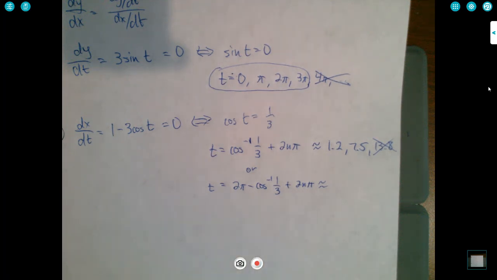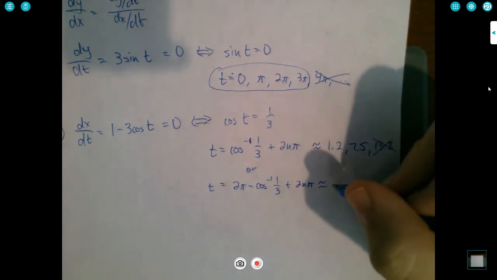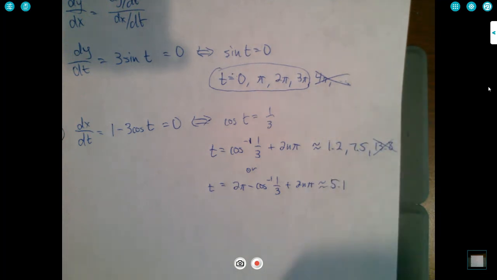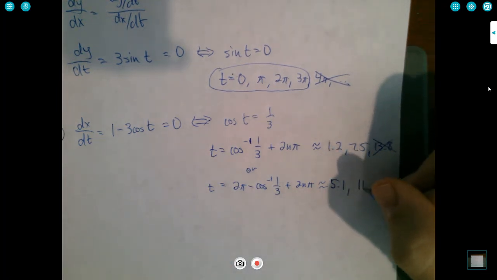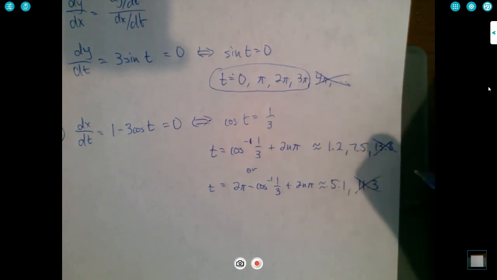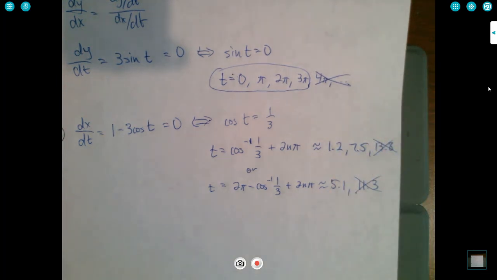Okay, what about this other one? So 2π minus cosine inverse of 1/3 is about 5.1-ish. And then if I add 2π, I get like 11.3-ish, which is already too big. Okay, so it looks like those are my 3 possible solutions.